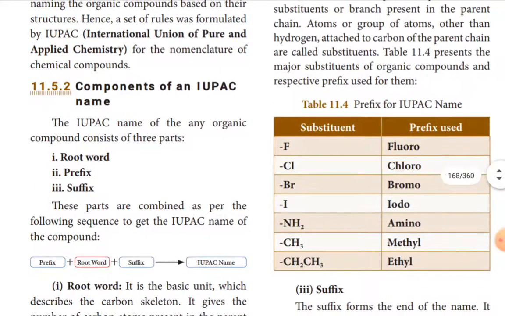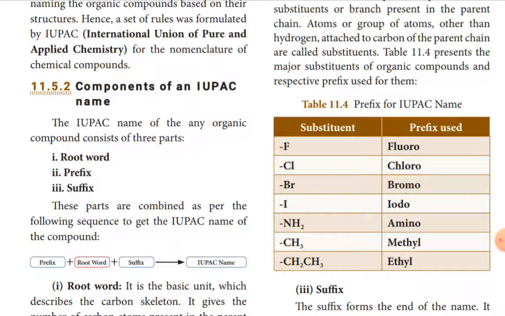In the IUPAC system of naming organic compounds, you have to learn there are three parts: root word, prefix, suffix. Root word is obtained from the carbon skeleton, based on the number of carbon atoms in the compound. So there is a formula: root word, before it the prefix will come, after it the suffix will come.